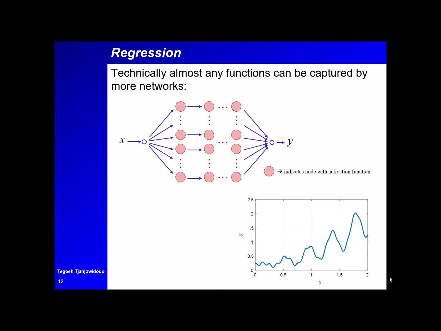Okay, so that is just a brief introduction on how and why we use neural networks to model any function. In the next video, we will discuss in more detail how to construct this network for different types of data.